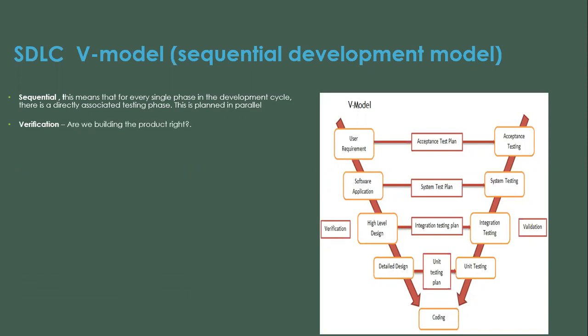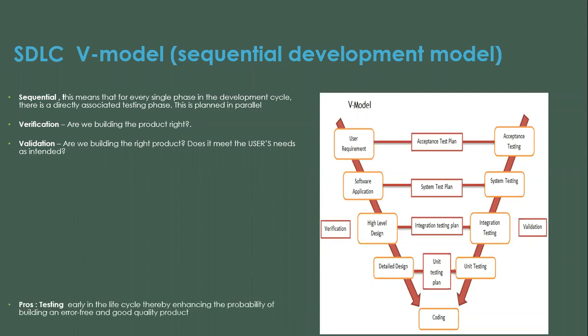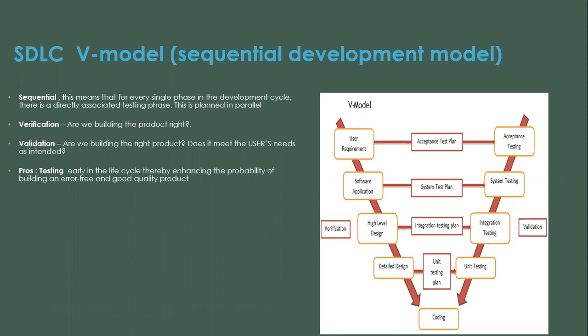So we talked about verification: are we building the right product? Validation: does it meet the user's needs? Those are the questions we ask ourselves. Testing early in the life cycle enhances the probability of building an error-free, good quality product.